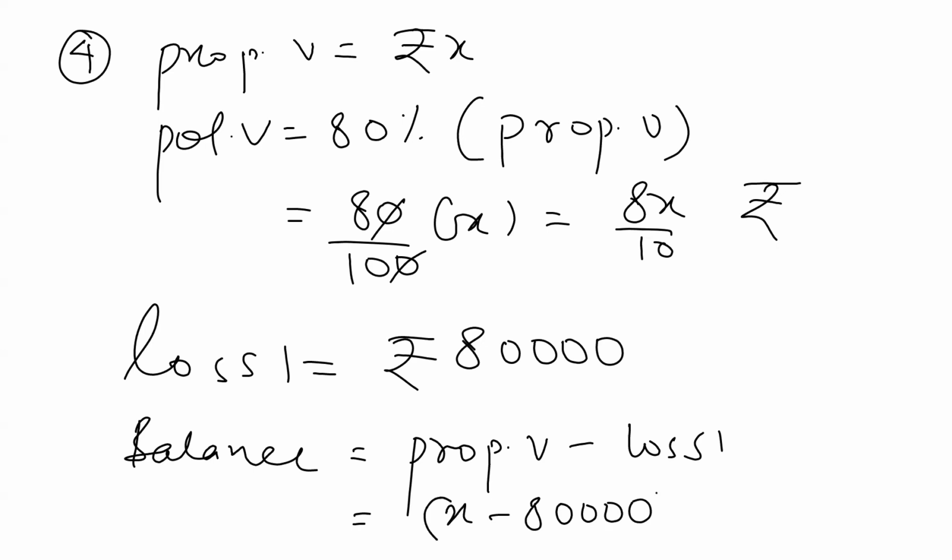Now out of the remainder stock, that is the balance stock, this stock was reduced to 20% of its value. See, they are mentioning the words reduced to. Whenever it is reduced to, we have to subtract it from 100, in terms of percentage. So loss 2 is nothing but 80%. It got reduced to 20%, so the actual loss is 80%. 80% of what? 80% of the remaining stock, which is the balance.